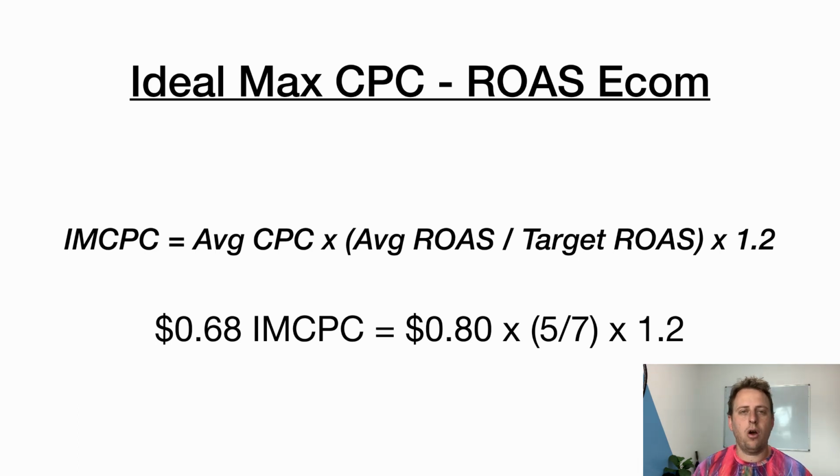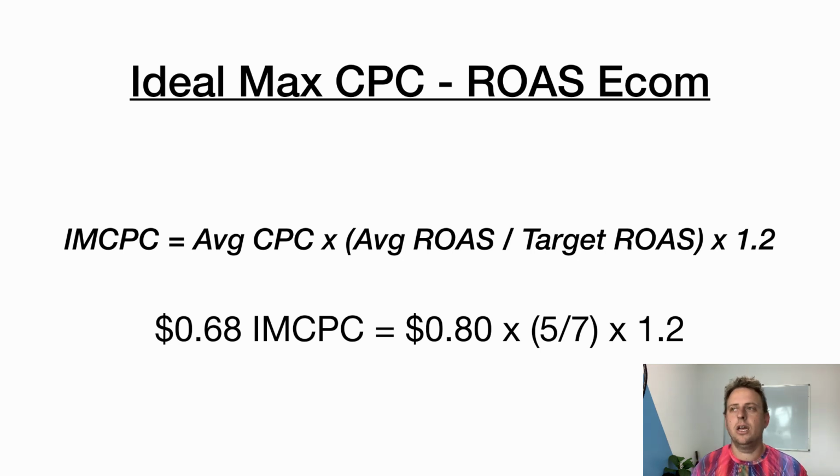Now, what about ROAS? We talked about ROAS before for all the e-com people out there particularly. How do you work out your ideal max CPC to hit your ROAS amount or the amount of ROAS that you would like to hit? Well, if you're already running ads, then here is an equation for you. You take your average cost per click, where it is right now.